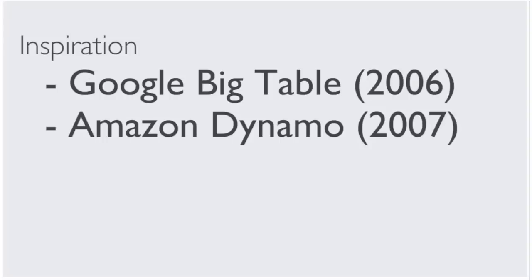We'll talk about that later. And in 2007, Amazon released a paper about a database platform they had called Dynamo. Dynamo talks about a peer-to-peer based system and eventual consistency, and these are two ideas that Cassandra has as well.